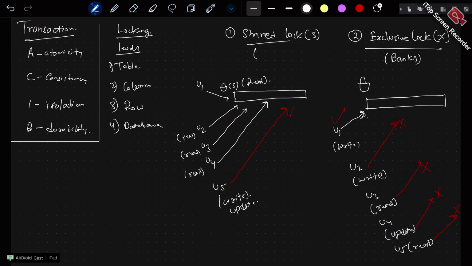That means these many people are reading. In that case I'm thinking it can be used. I'm not sure in what other cases we can use it, so that's the important difference you can think of. I will also research where exactly they are used. But definitely you can think that exclusive locks are used by banks, that is for sure.